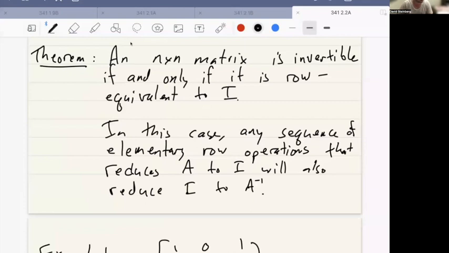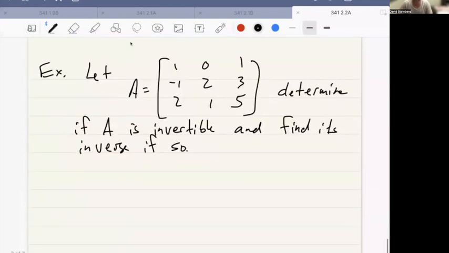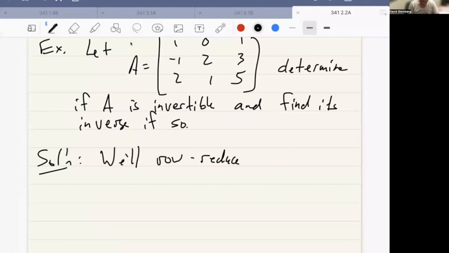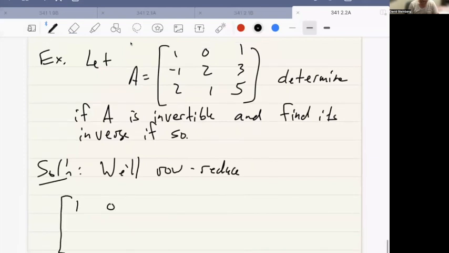So let's see what I'm talking about. Let's take this matrix A and show that it is in fact invertible by using the theorem we just saw. We'll row reduce this giant matrix where half of it is A and half of it is the identity matrix.